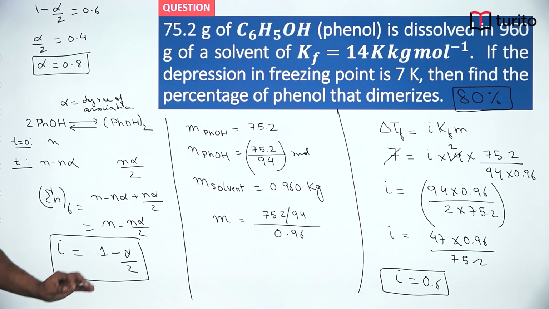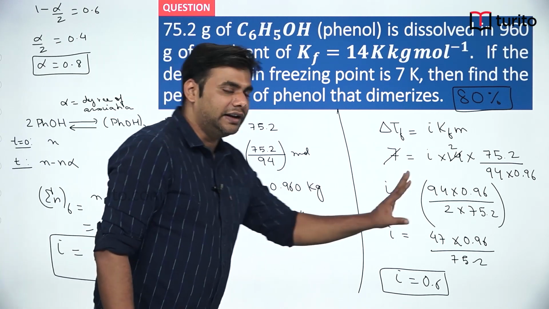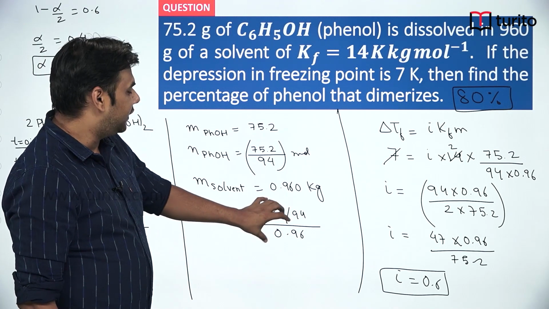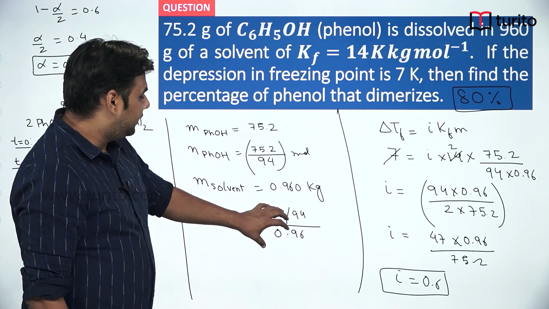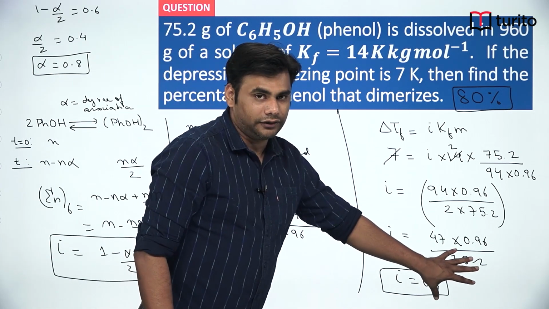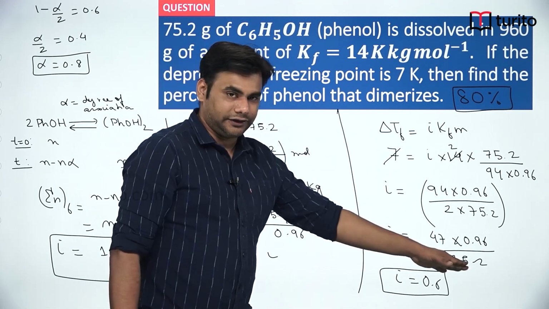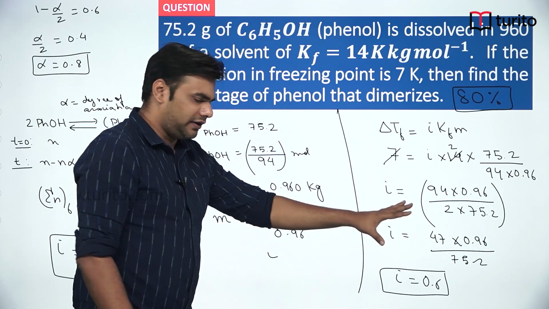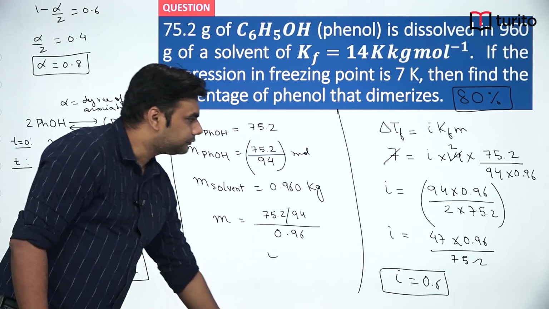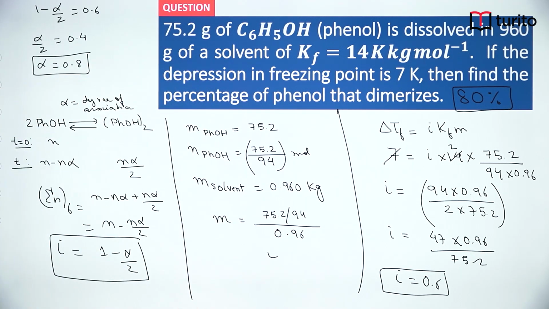Generally I recommend you to do the calculation in the last step so that the margin of error is less, because if we take any truncated figure over here, that will create more error. So do not calculate anywhere, just keep the calculation for the last stage. Hope this question is clear to you now.